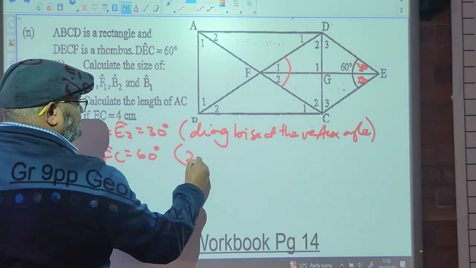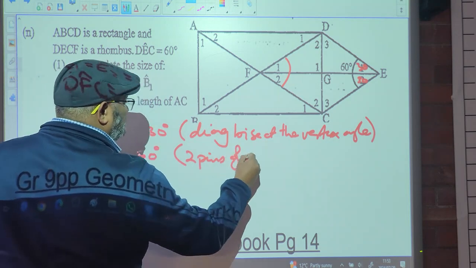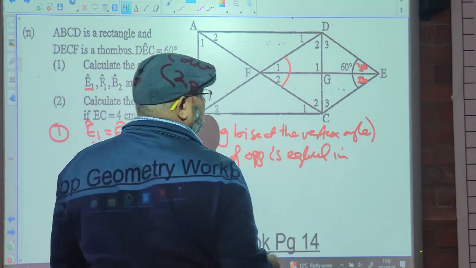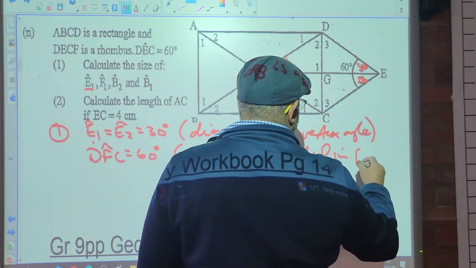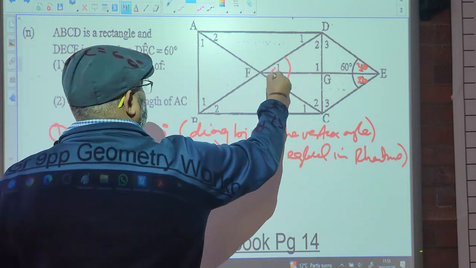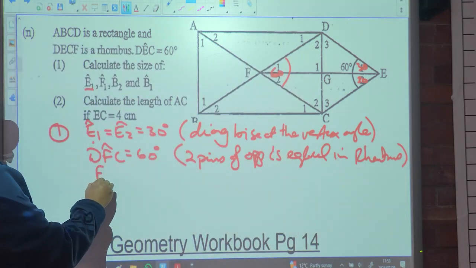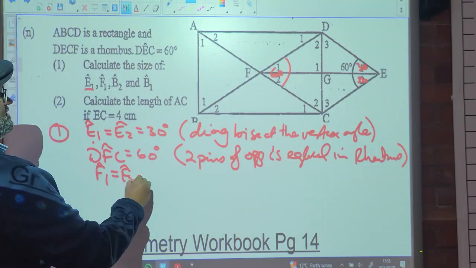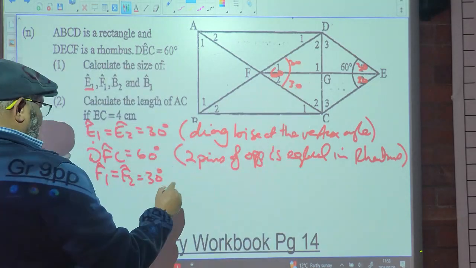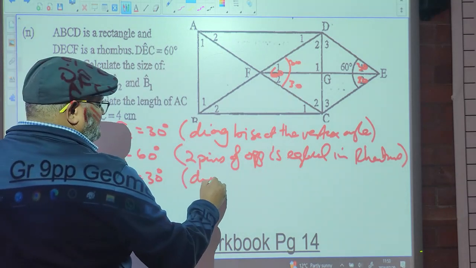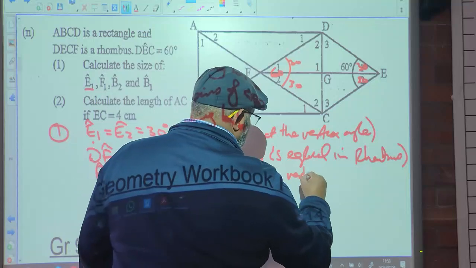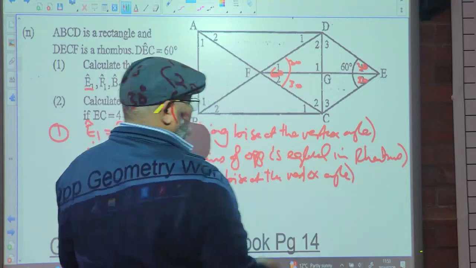Why? 2 pairs of opposite angles equal in a rhombus. Okay, so there's 60. Then F1 is equal to F2, which is equal to 30. Why? Because the diagonal bisects the vertex angle.